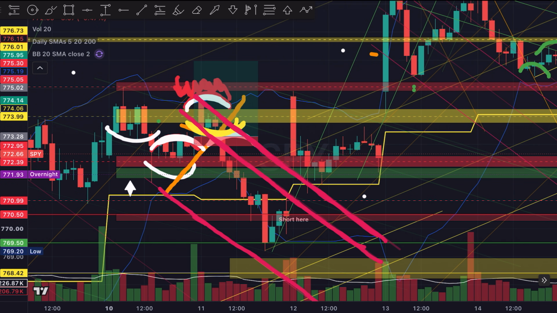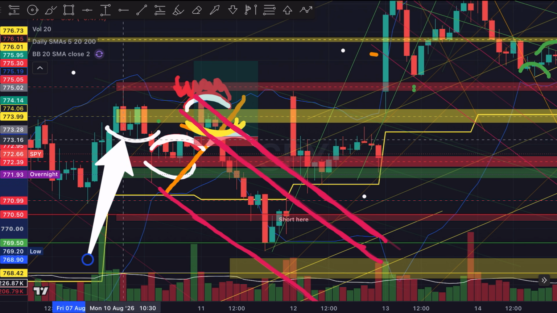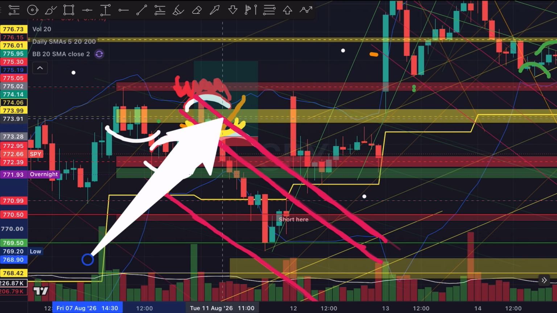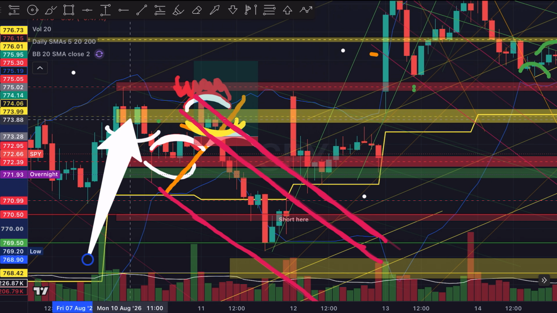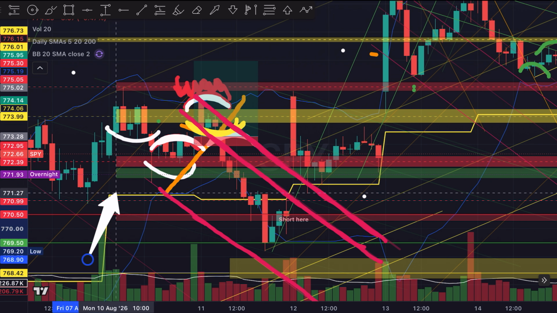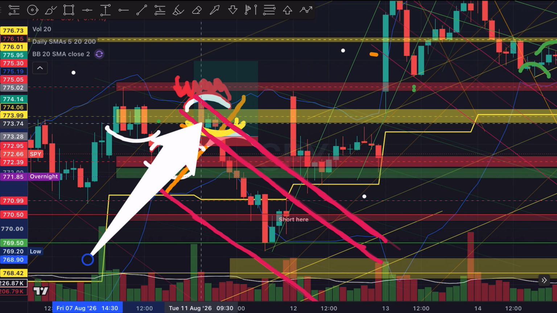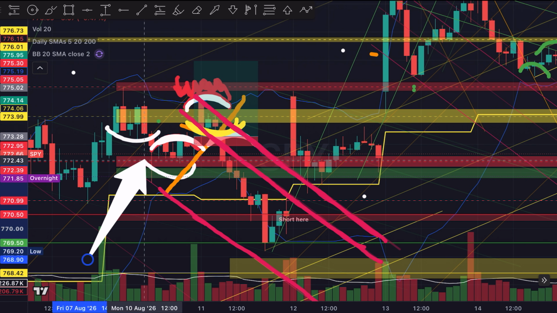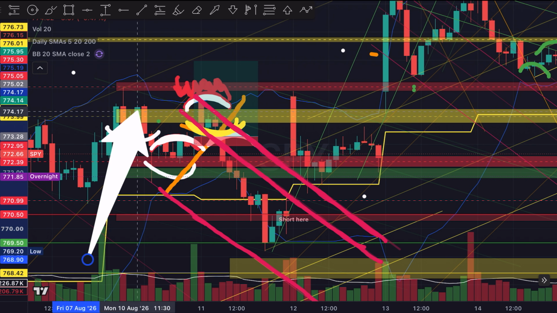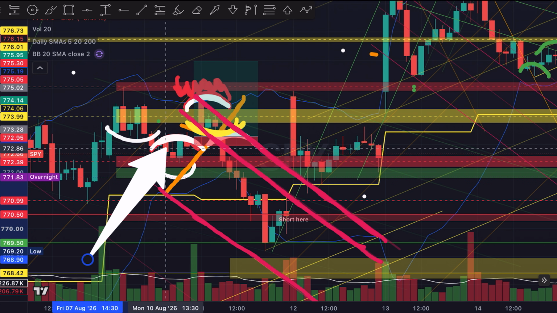So now when we look at this on a larger time frame, we can see everything that happened over here is now liquidity for the bulls if they want to go up, because you have sellers over here who are still in and you have buyers who are still in.